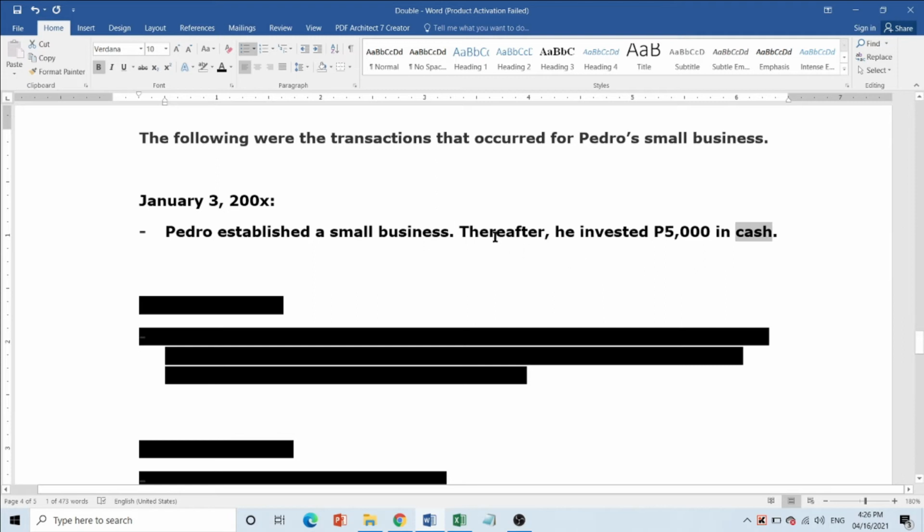So, let us take note na meron po tayong tinatawag na economic entity concept na kung saan yung business is separate from the owner. Yun po yung concept. Basta yung concept po na yun is separate from yung individual, yung owner at yung business is separate.